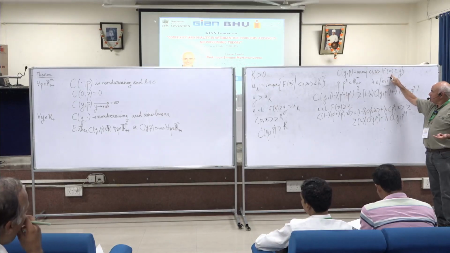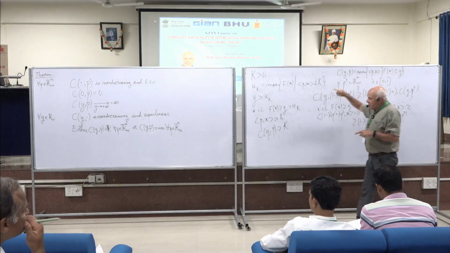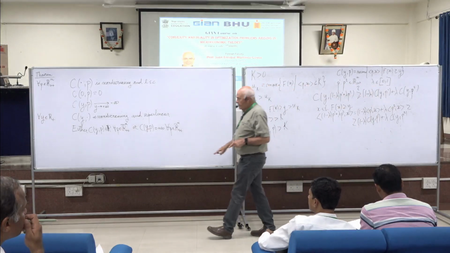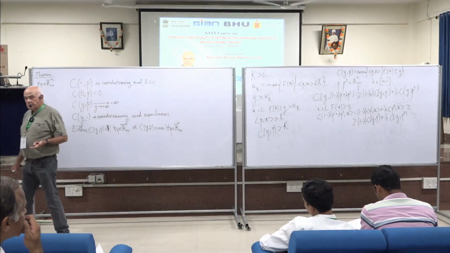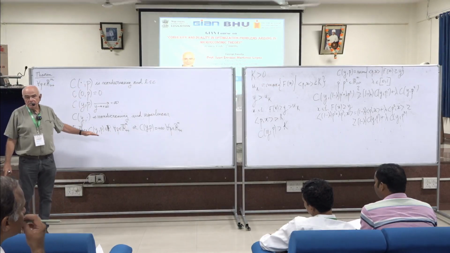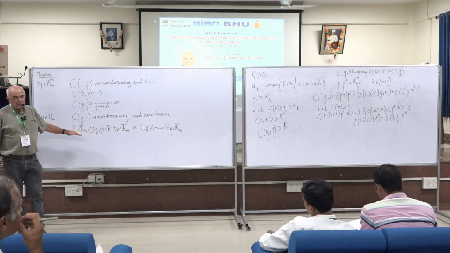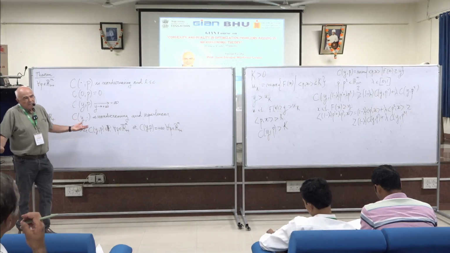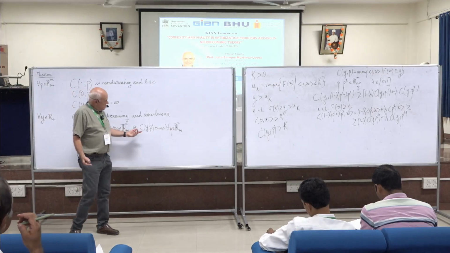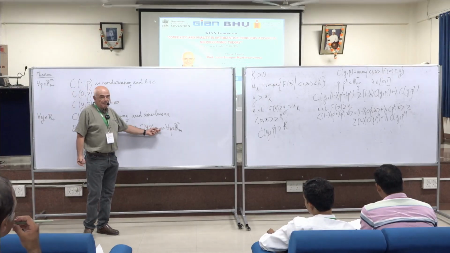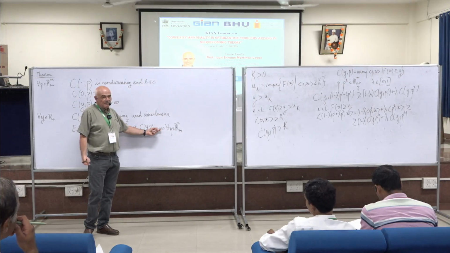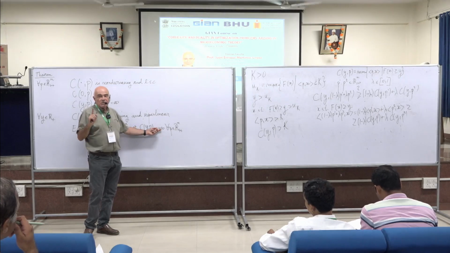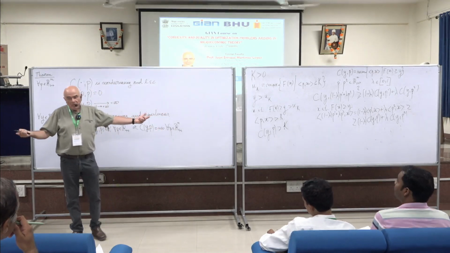So if this is finite for one p, it is finite for every p. And this is the proof. Okay? If it is infinite for some p, it is plus infinity for every p. Because if it were finite for some p, then it would be finite for every p.